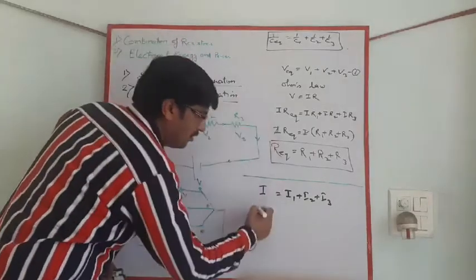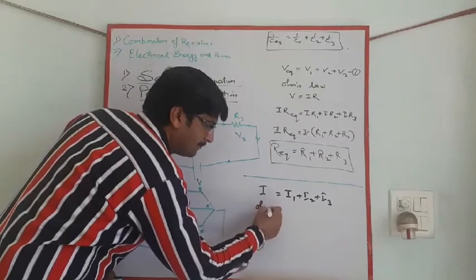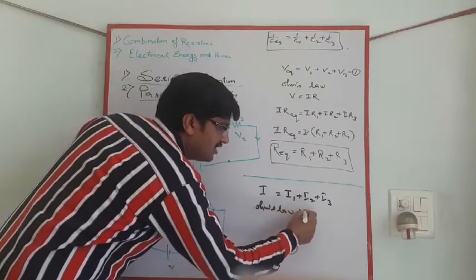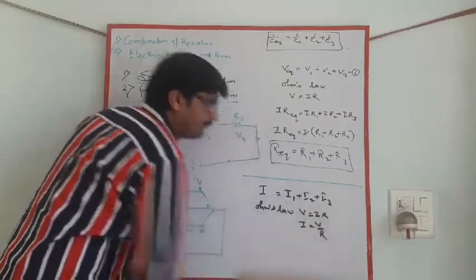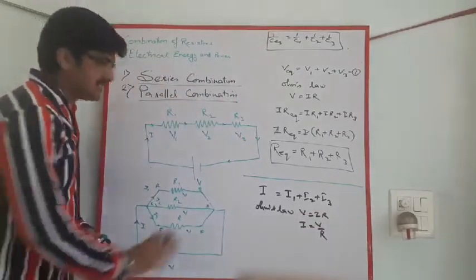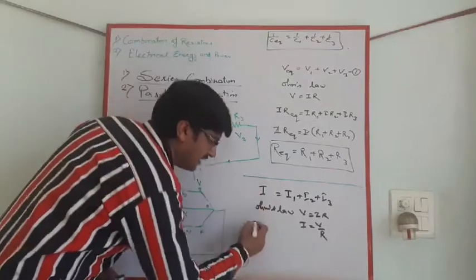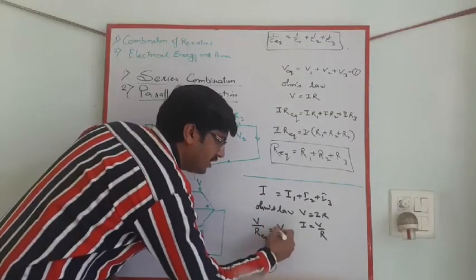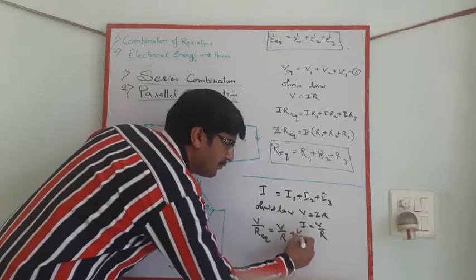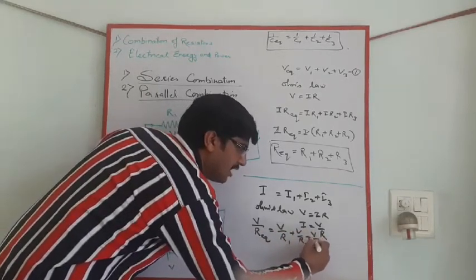Again using Ohm's law, V is equal to IR, which indicates that I is equal to V upon R. Substituting the value here, I equivalent is equal to V equivalent upon R equivalent is equal to V upon R1 plus V upon R2 plus V upon R3.